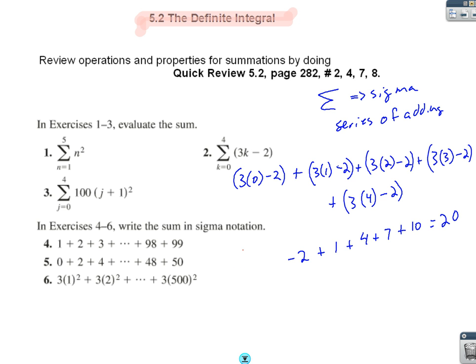So here I'm going to have my sigma, and k is going to equal 1, because that's where it starts. It starts at 1, and I'm going to go up to 99. And all I'm going to put in there for my function is k.